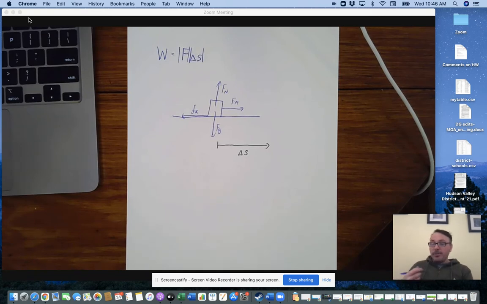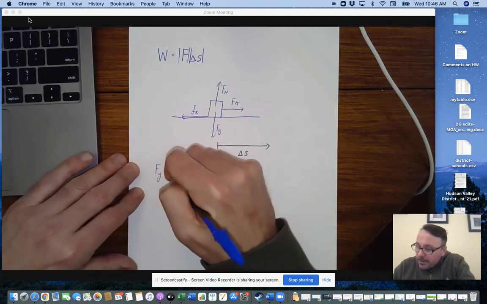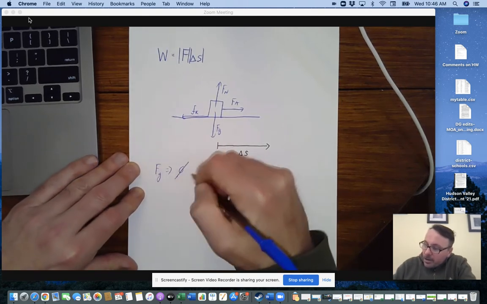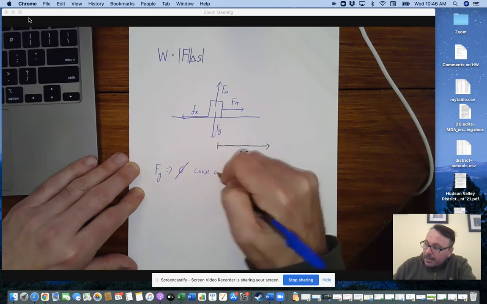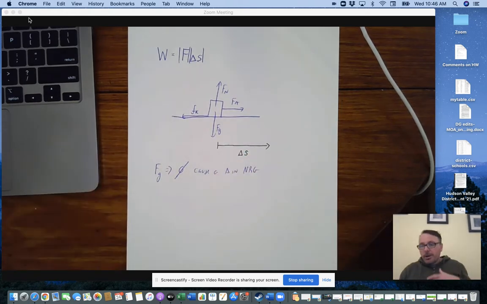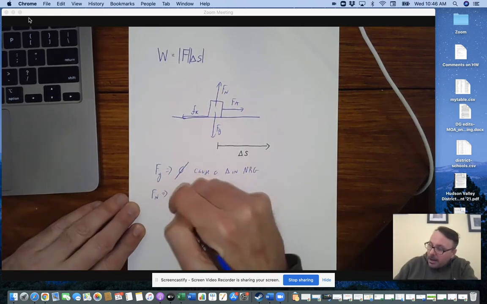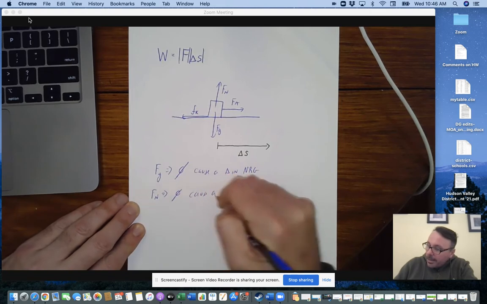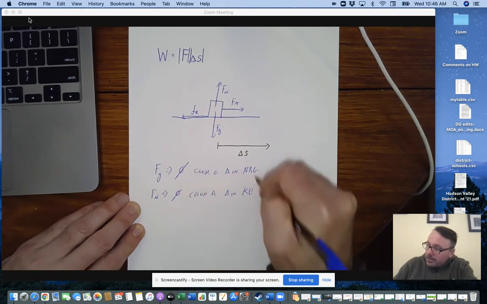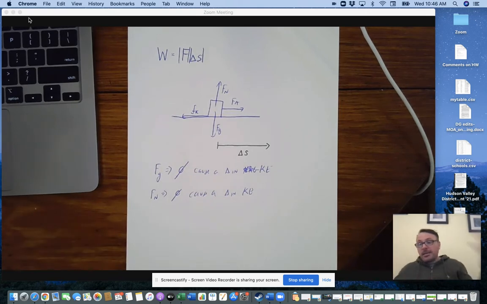Fg is not going to cause a change in kinetic energy, and Fn is not causing a change in kinetic energy. So if it were the only force acting, it wouldn't be causing a change in kinetic energy.